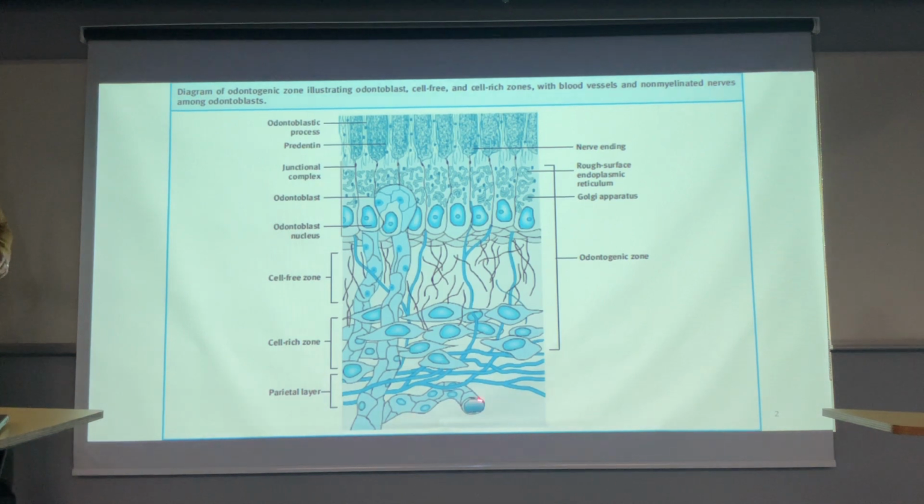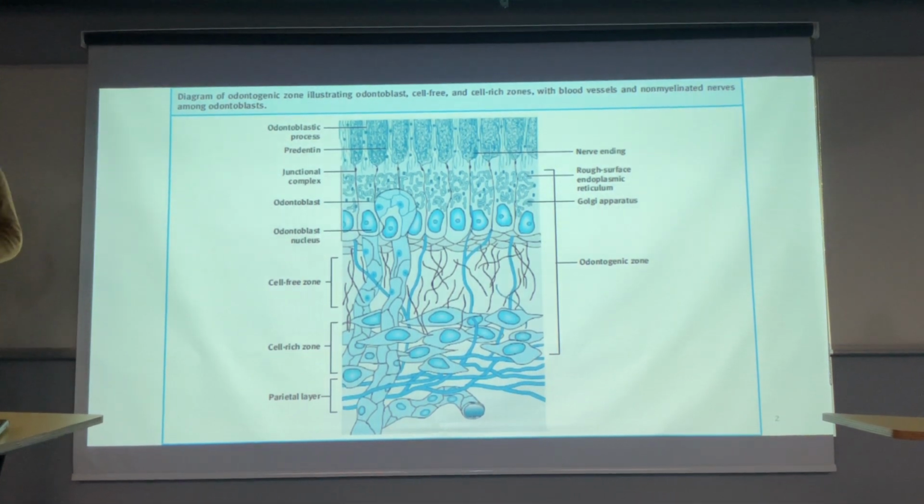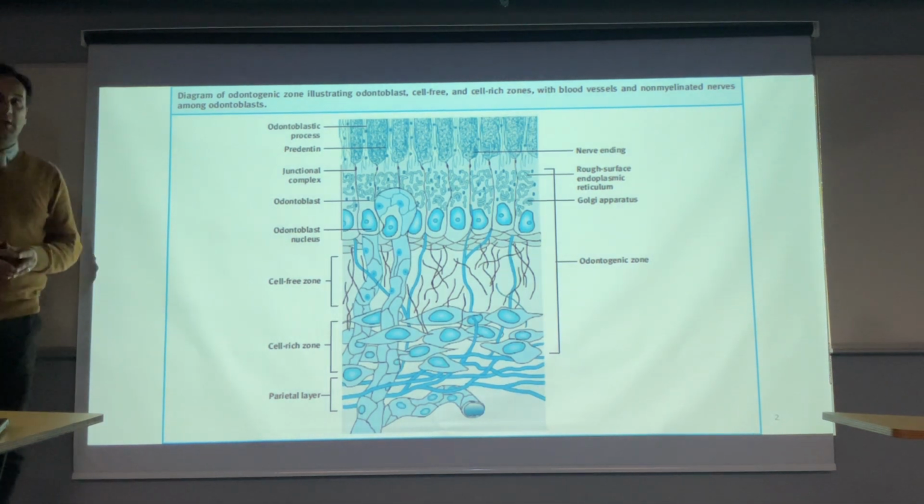And in the inner side, for example in this part, we have a loose connective tissue known as normal pulp.